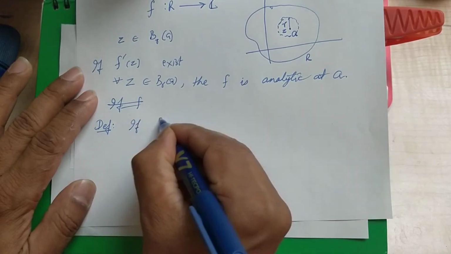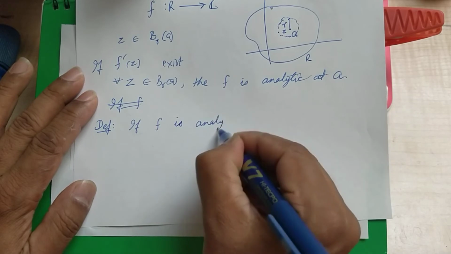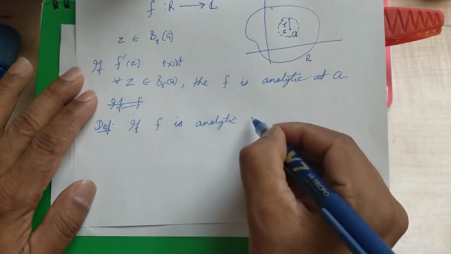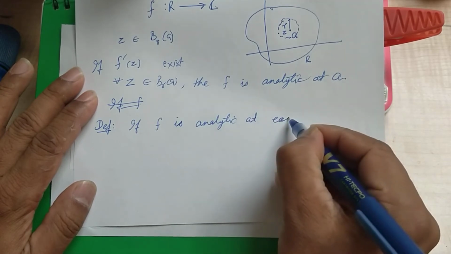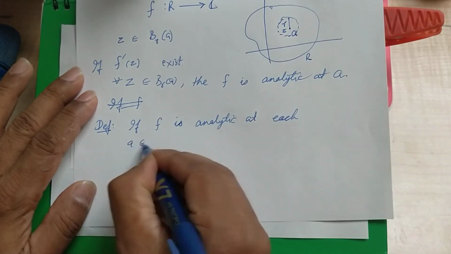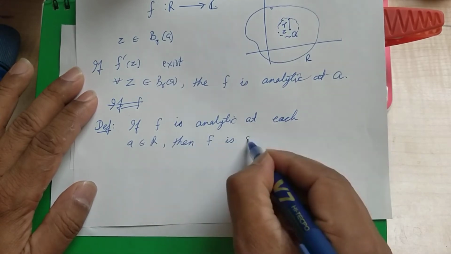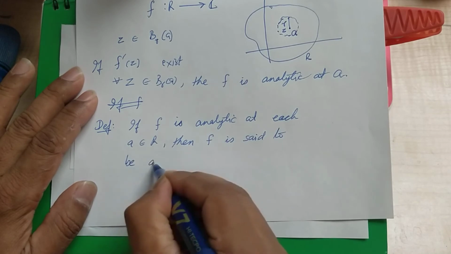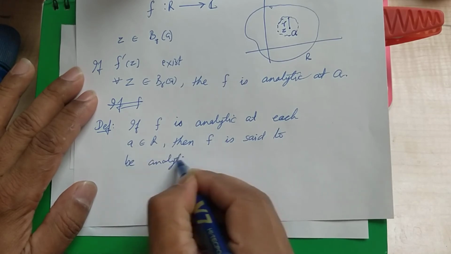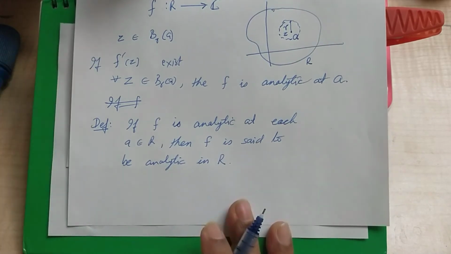If f is analytic at each A in R, then f is said to be analytic in R. All right.